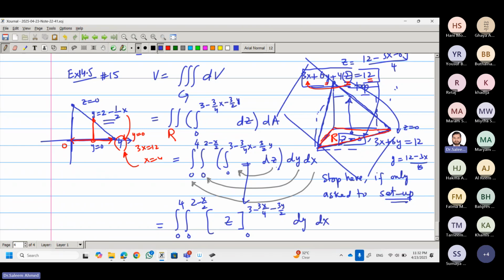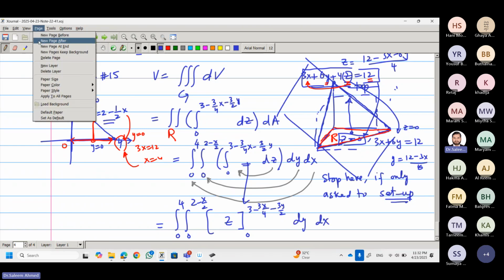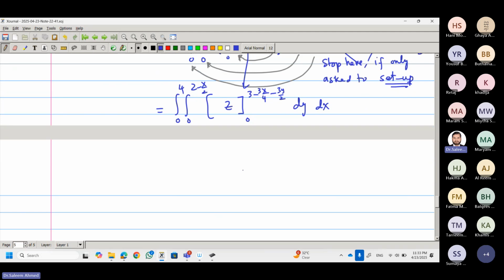Let me complete this, it will give you a practice with the evaluation as well. First, I will put the limits of z. So this will become 3 minus 3 by 4x minus 3 by 2y, and 0 will give me nothing.